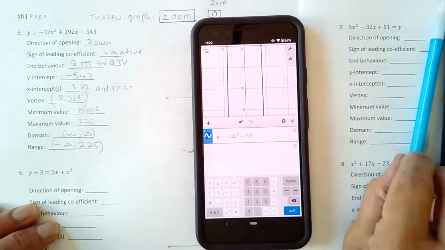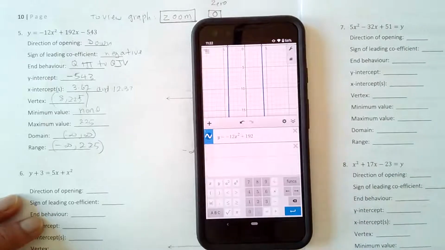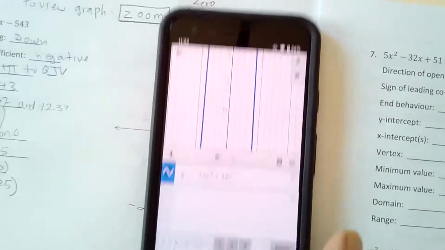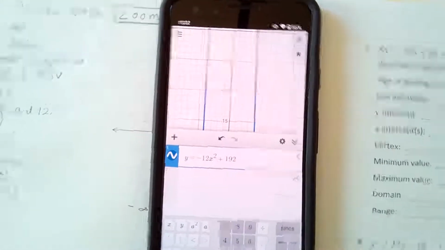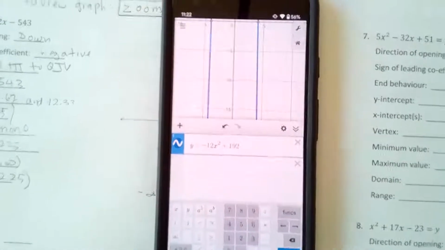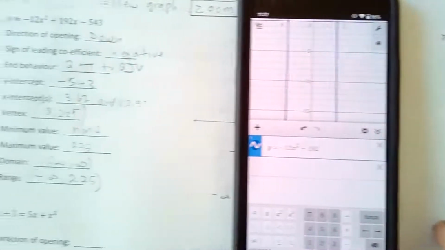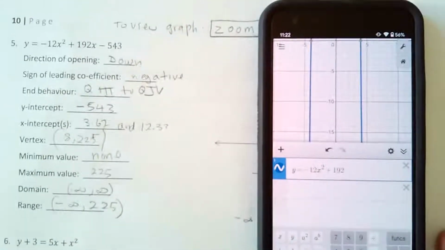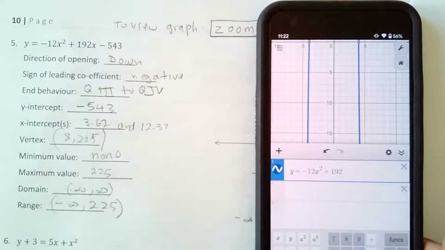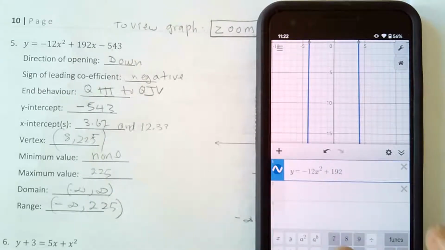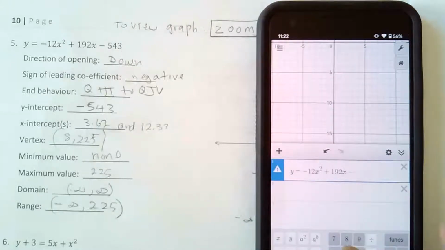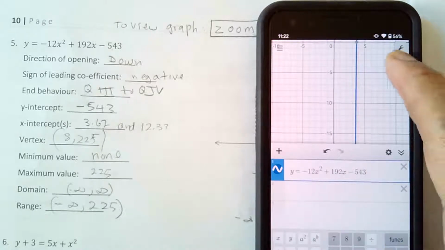Okay. I'll zoom in a little bit more. I'm going to press the home button.